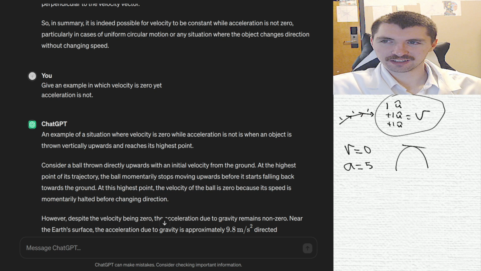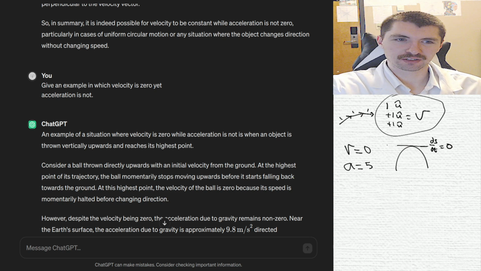Okay, I understand. There's no change in speed. It's at rest, but that means acceleration also has to be at rest. So I don't know if I agree with this.